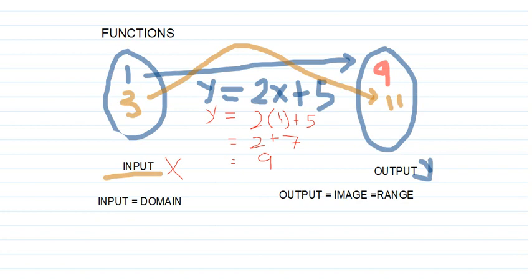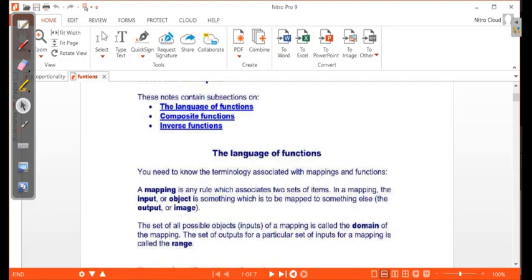So all those sets of values which will be produced as outputs or images are called the range.